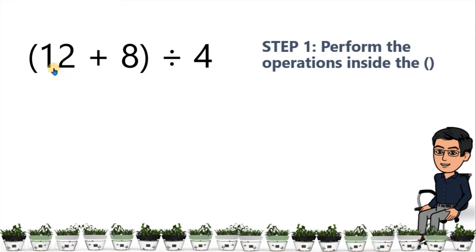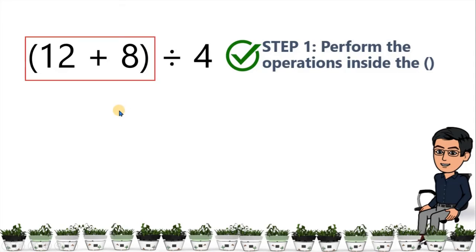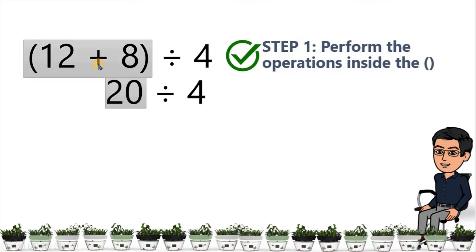Yes, we have here 12 plus 8. So therefore, step number 1 is a check. And what do we do now? We have to perform the operation inside the parentheses. And what is 12 plus 8? 12 plus 8 is equal to 20.